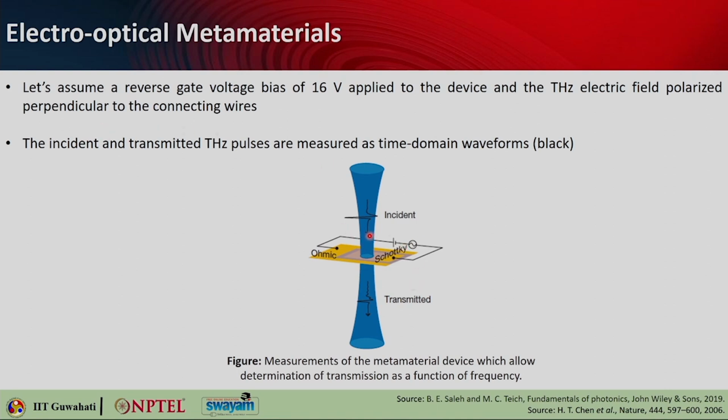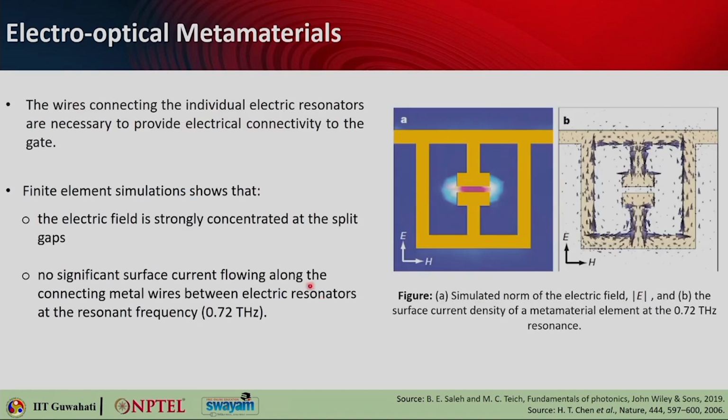And here the time domain waveforms in black are showing the incident and the transmitted terahertz pulses. The wires which are connecting the individual electric resonators are actually providing electrical connectivity to the gate.